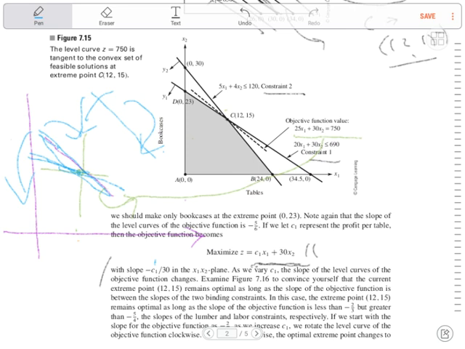Obviously, it is not going to rotate through the full 360 degrees. It is going to rotate in between these two lines. If we impose that, the slope of this dotted line becomes restricted. In the extreme anti-clockwise rotation, it can go up to this line, constraint one.